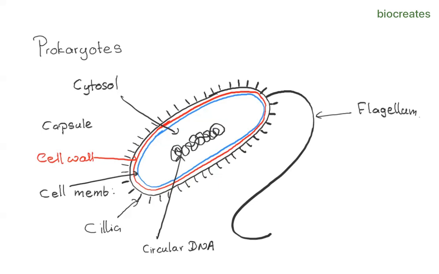This circular DNA molecule is different from eukaryotic organisms because it is circular and they only have one of them, a single DNA molecule.